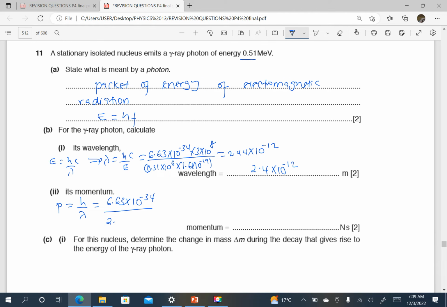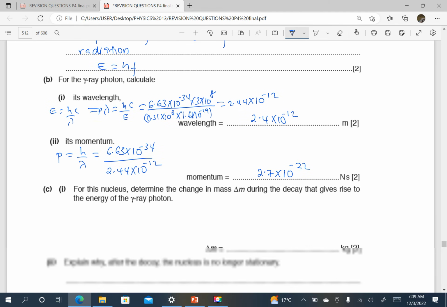So this is 2.44 times 10 power negative 12. Press my calculator. So this is giving me 2.7 times 10 power negative 22 newton seconds.